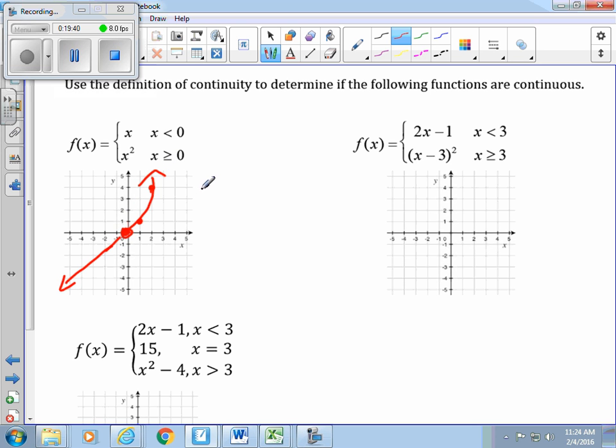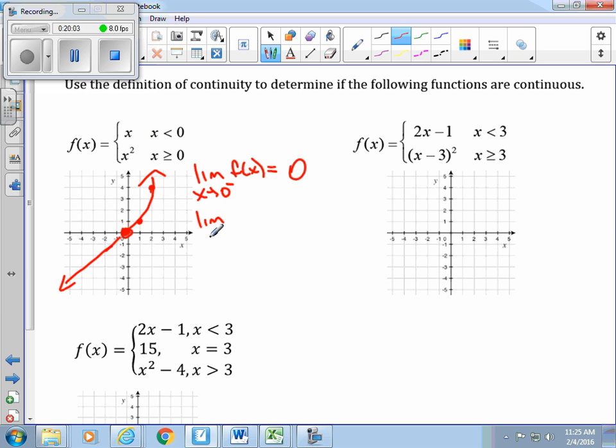Now, this does not ask me to prove. I'm going to pretend it did just for a minute to show you what that would look like. If I wanted to prove that this was continuous at 0, I would say that the limit as x approaches 0 from the left of the function is 0, because that's this top one, right? Everyone agree?